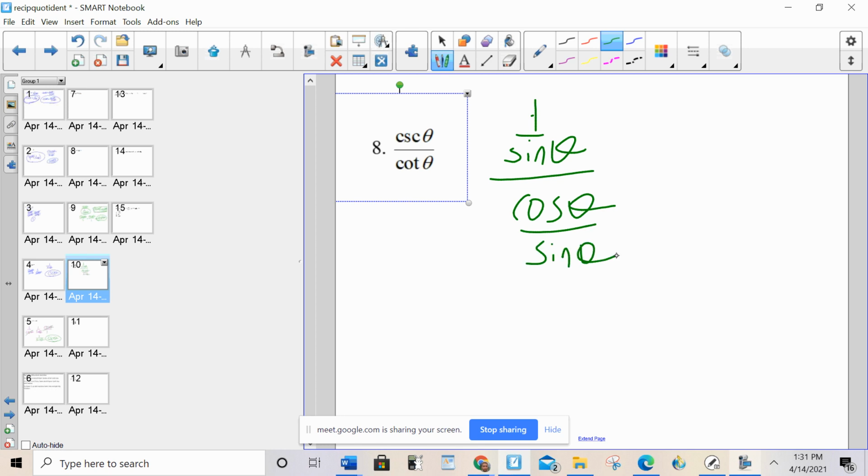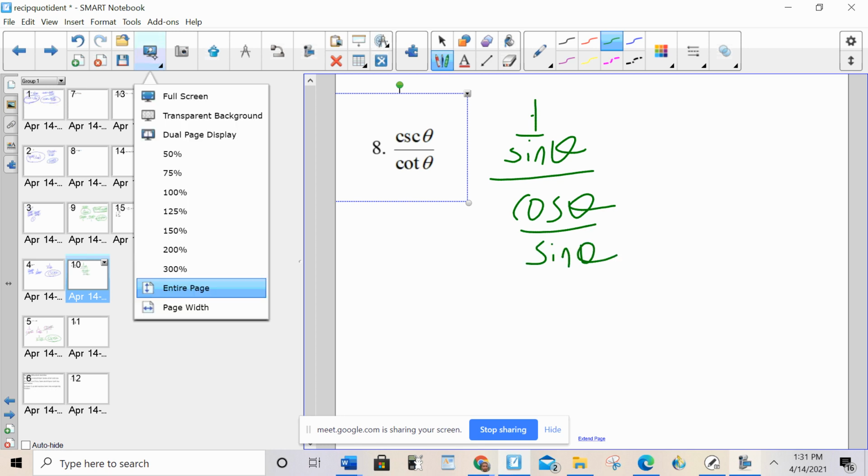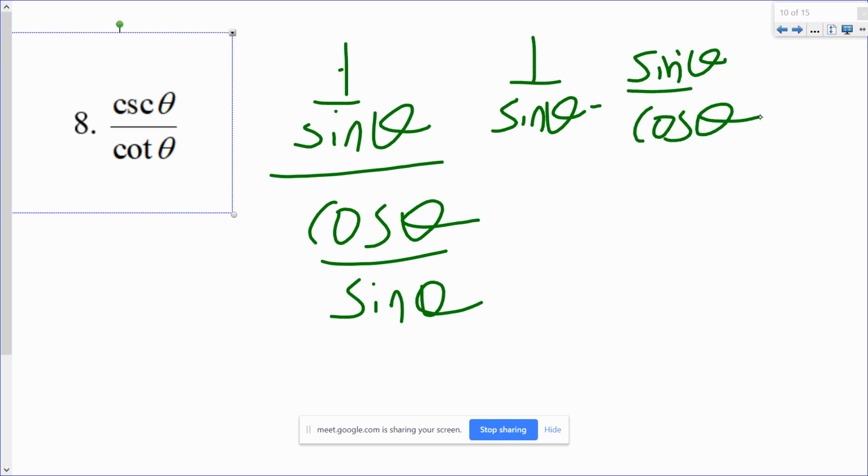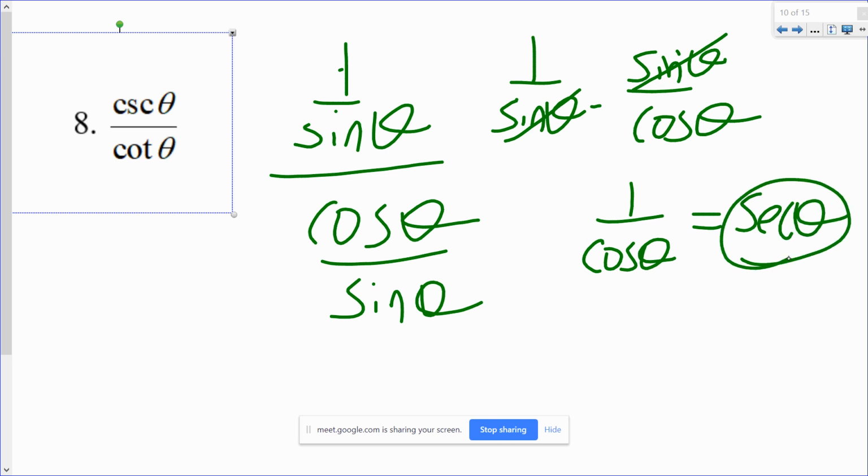When I divide by a fraction, I multiply by the reciprocal. I keep, change, flip. So 1 over sine theta times sine theta over cosine theta. Sine thetas cancel. I'm left with 1 over cosine, and 1 over cosine is secant. Any questions on that?